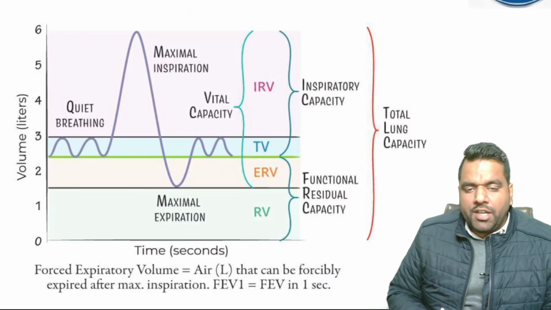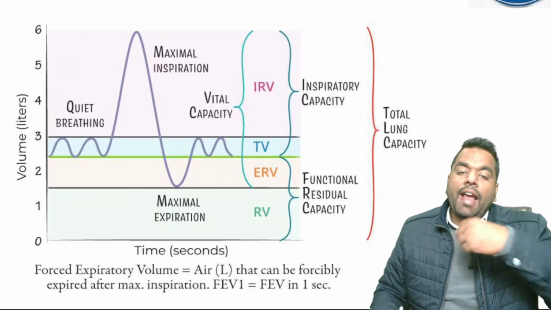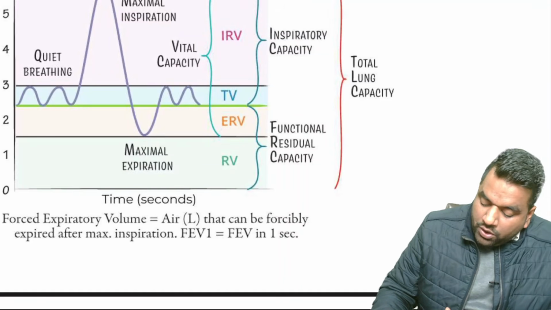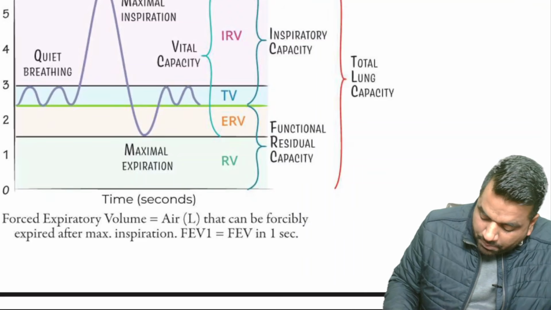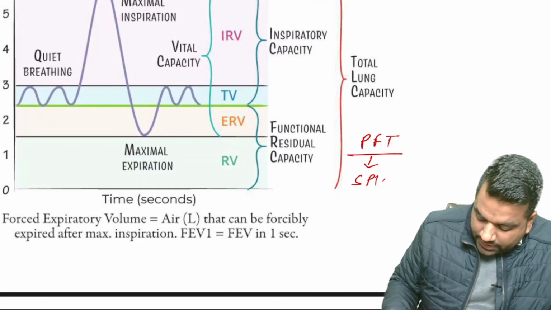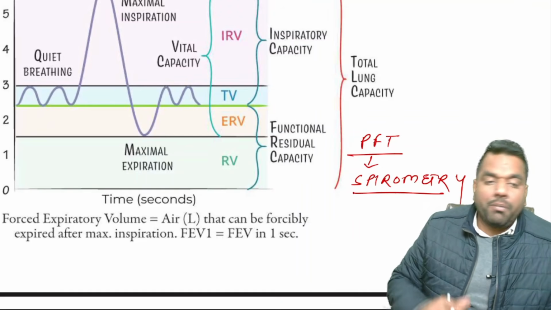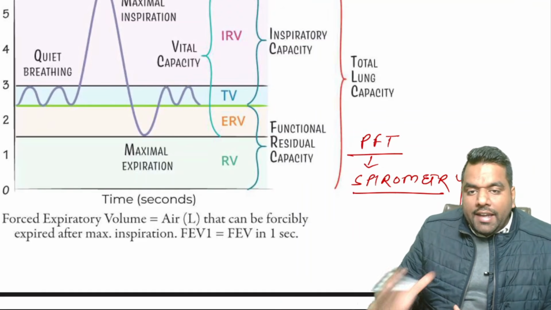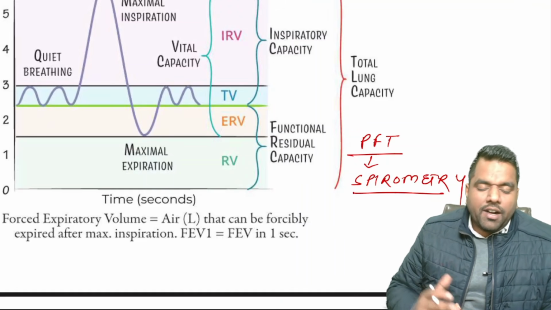Now guys, please pay attention. Any air which we can inhale or exhale, if we want to check the volume of this air, we can check it via the pulmonary function test, that is, via spirometry. But the problem with spirometry is that any air or capacity which never comes out of the lungs, we can't calculate.